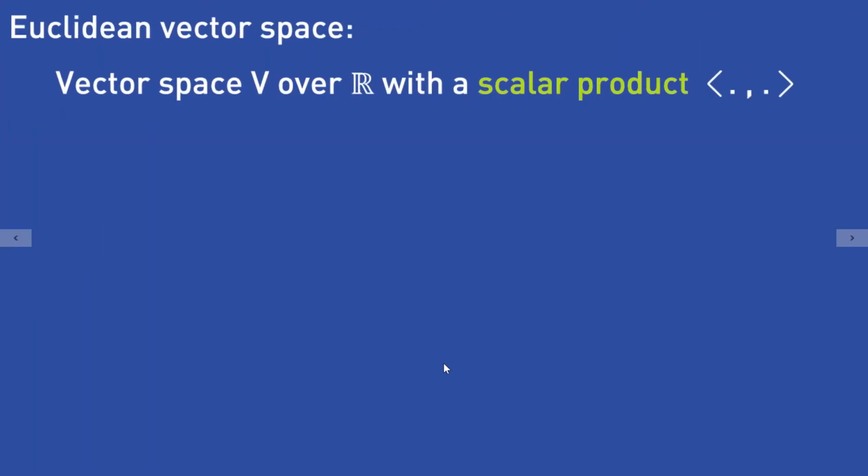An Euclidean vector space is a vector space V over the field of the real numbers together with a so-called scalar product.